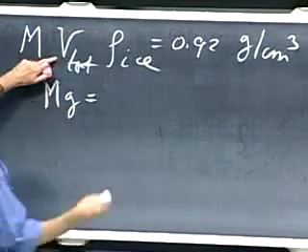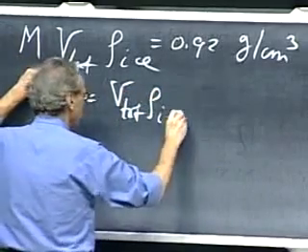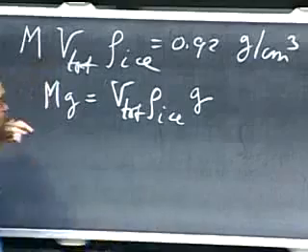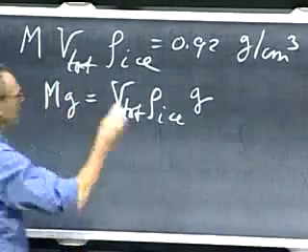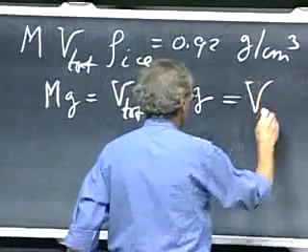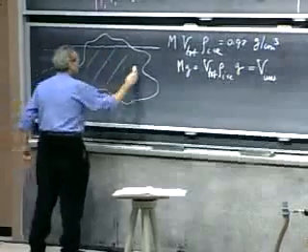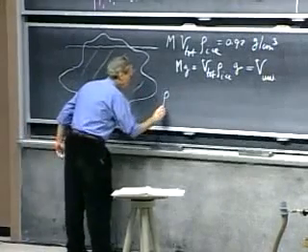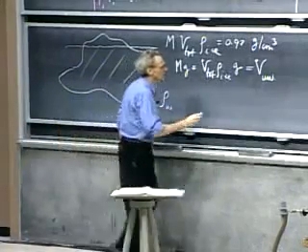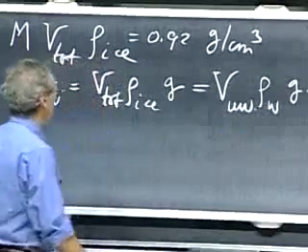Now mg is the total volume times rho ice times g, just like the crown. The buoyant force is the volume underwater, which is this part, times the density of water, rho water, times g.